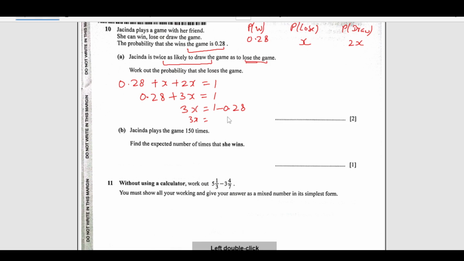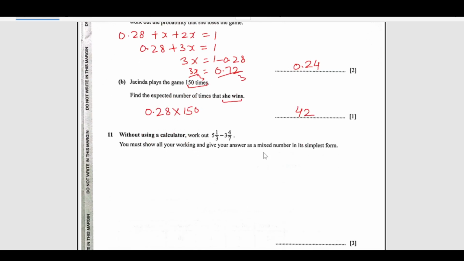So this is 0.72. So x is divided by 3, so this is 0.24. Okay. Now she plays the game 150 times. Find the expected number of times she wins. The probability of winning the game is 0.28, right? So if they play the game 150 times, we just multiply, which gives us 42.